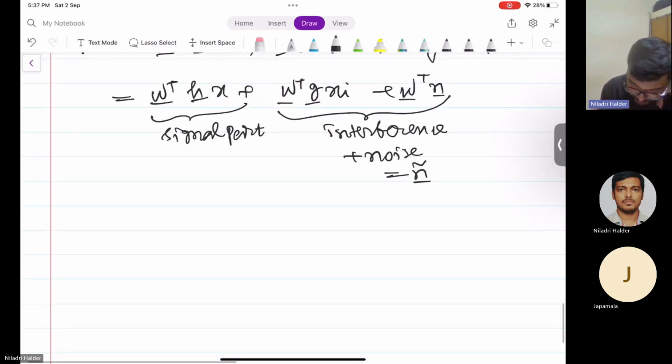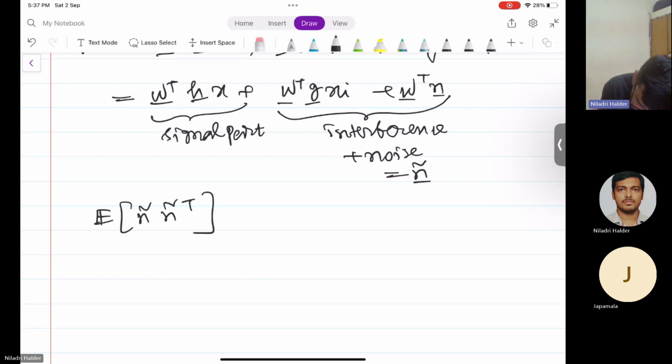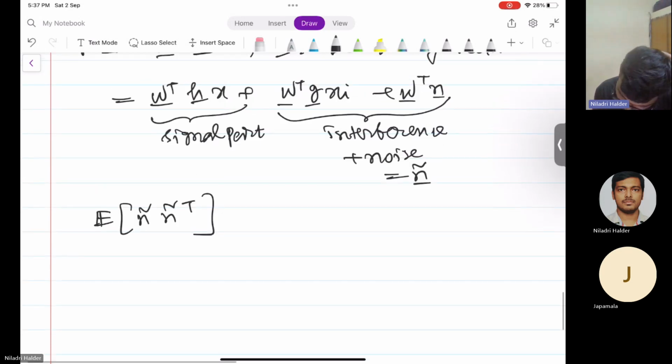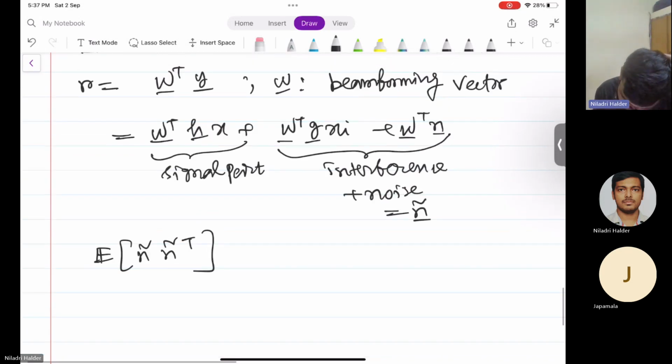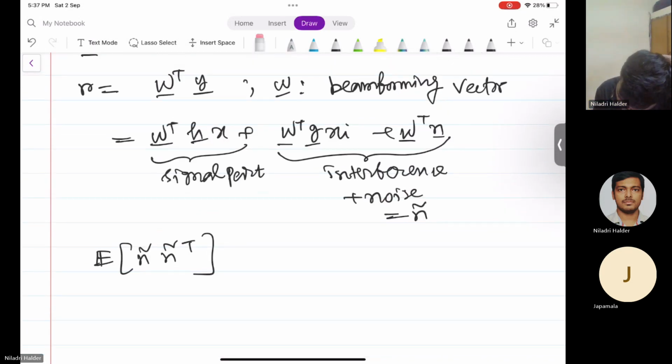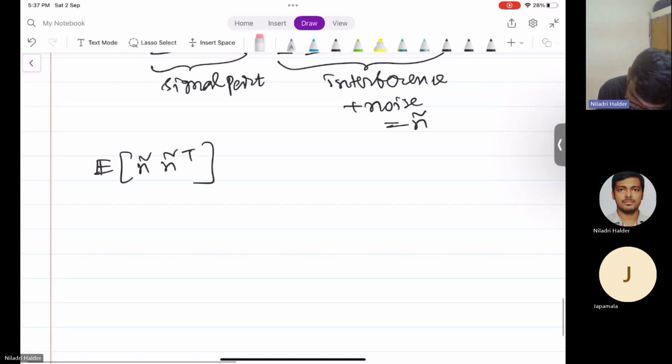So what would be the expectation of n tilde times n tilde transpose? One second, this is not a vector, it is a scalar.